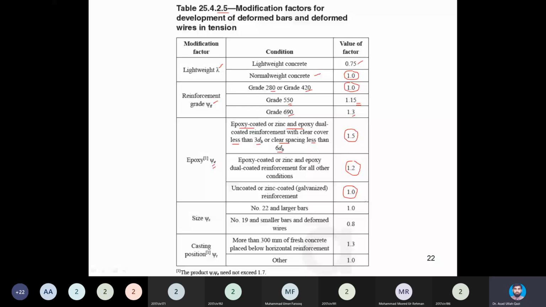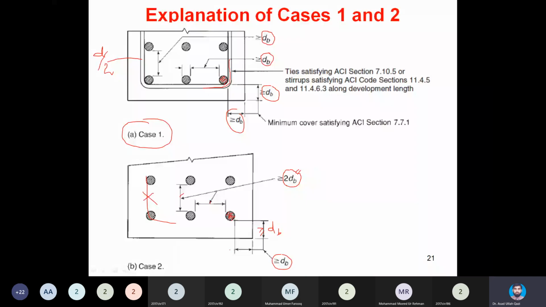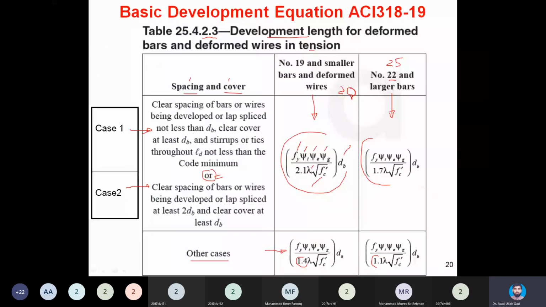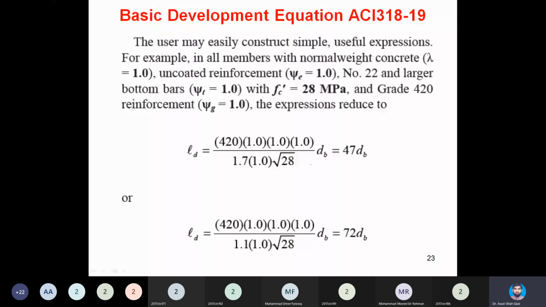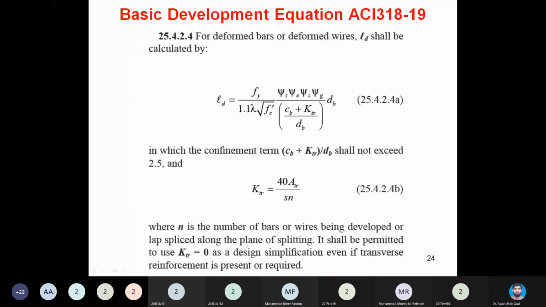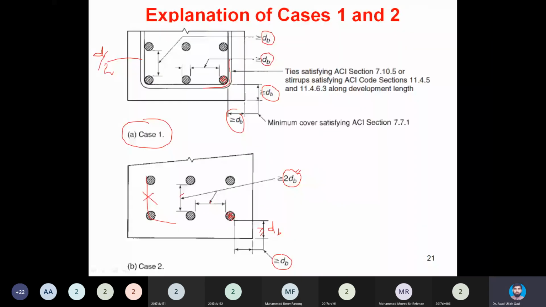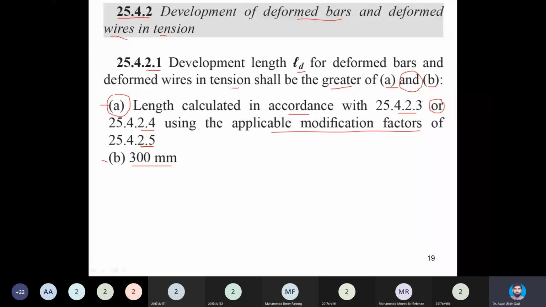Then there was one other factor in the equation, psi t. We have discussed lambda, psi g, psi e, and then there is another factor, psi t. In the equation which I will discuss next, which is 2.4, because on the first slide, slide number 19, it was stated that 2.3 or 2.4, which will be our next equation of discussion.